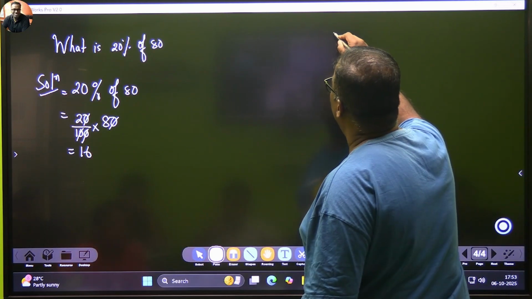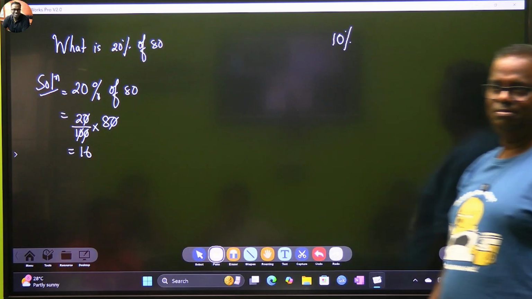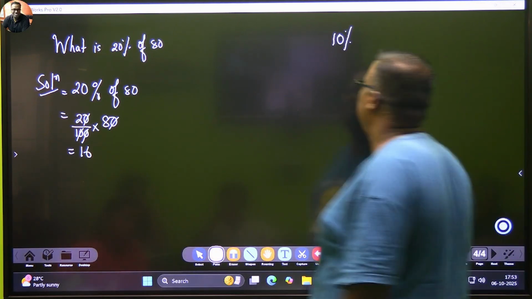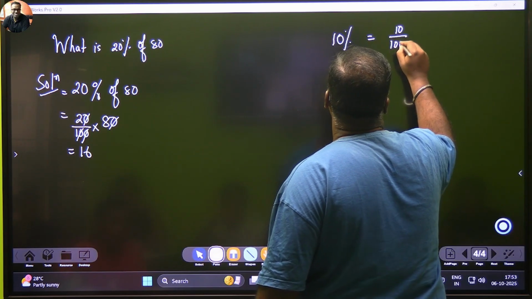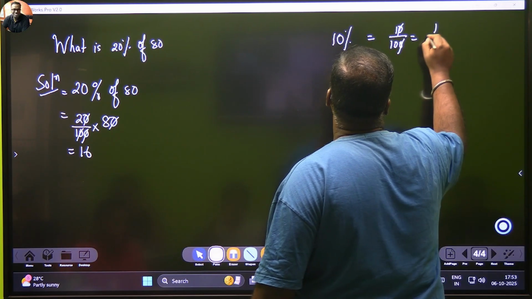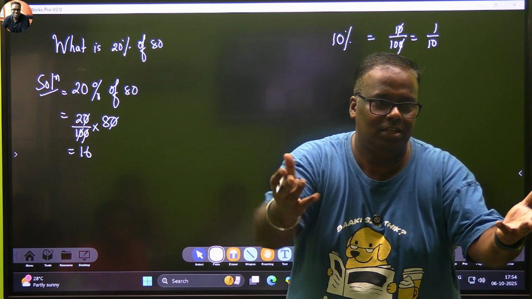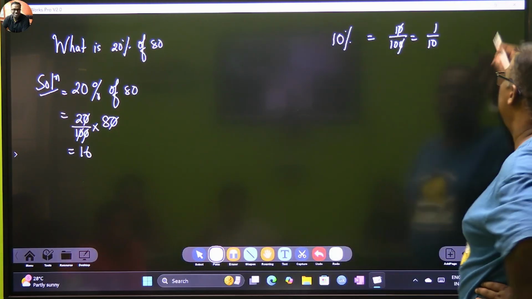Always remember one thing, the easiest percentage to calculate is 10%. 10% means 10 per 100. Means this fellow is nothing but 1/10. Whatever will be my figure, divided by 10. And divided by 10 is very easy. Let's see some examples.